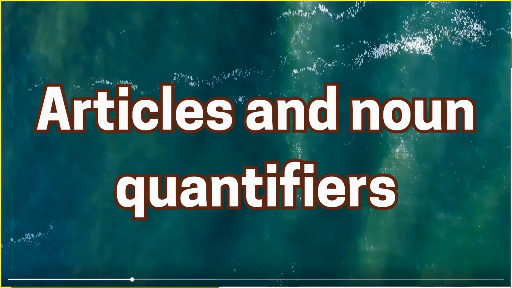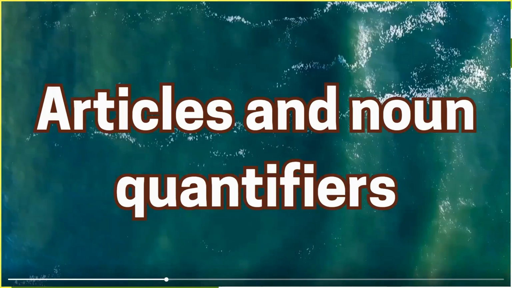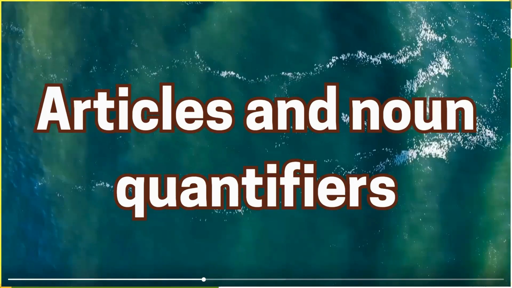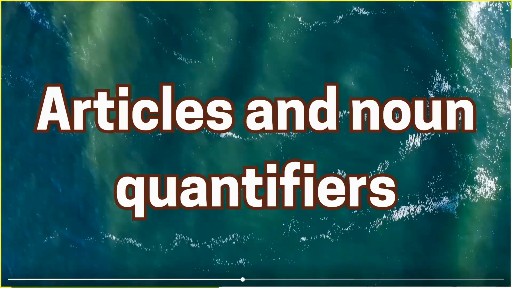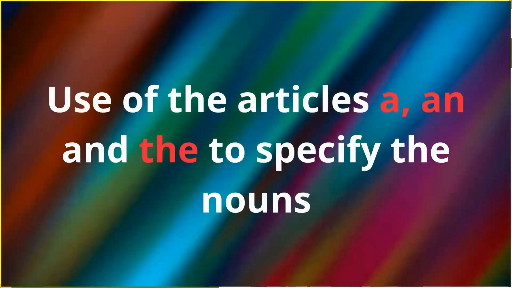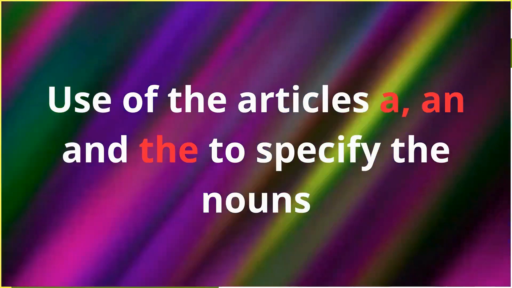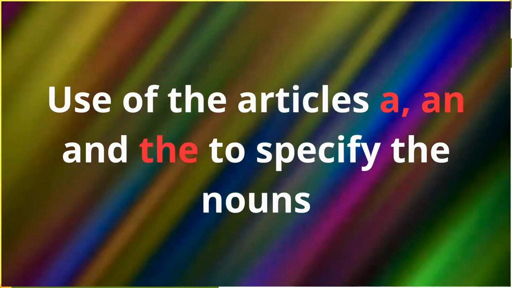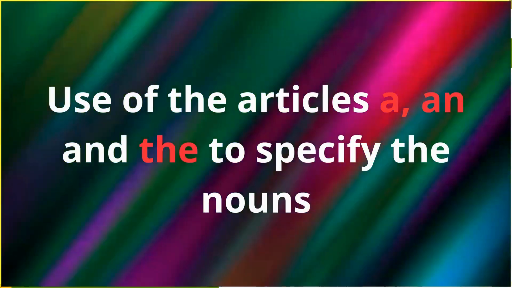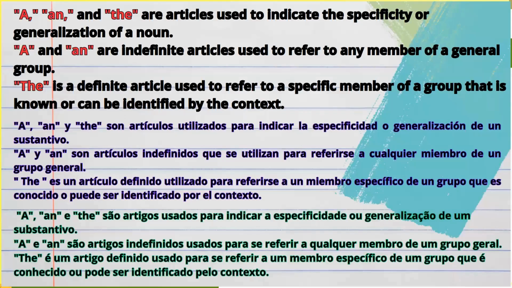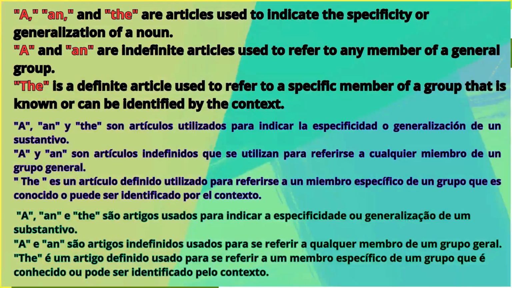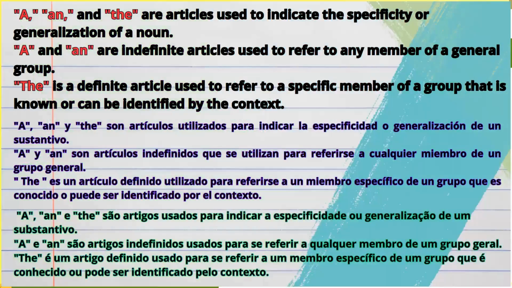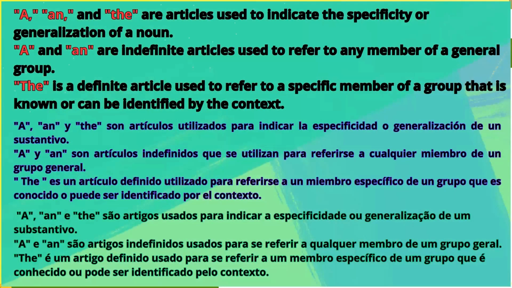Today, we are going to talk about articles and noun quantifiers. Use of articles a, an, and the to specify the nouns. A and the are articles used to indicate the specificity or generalization of a noun.